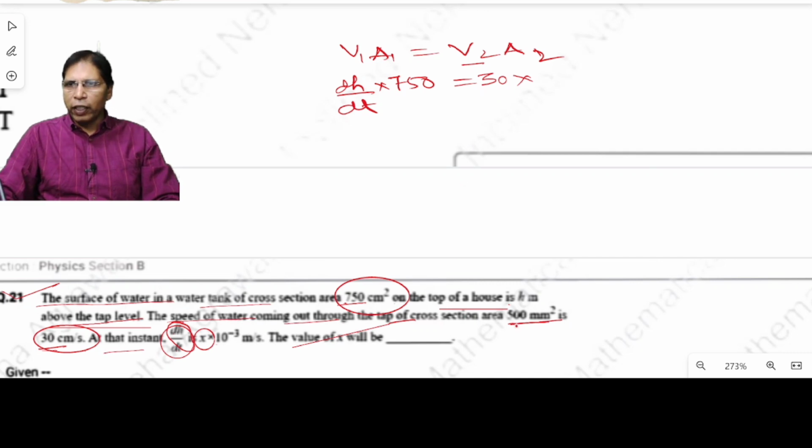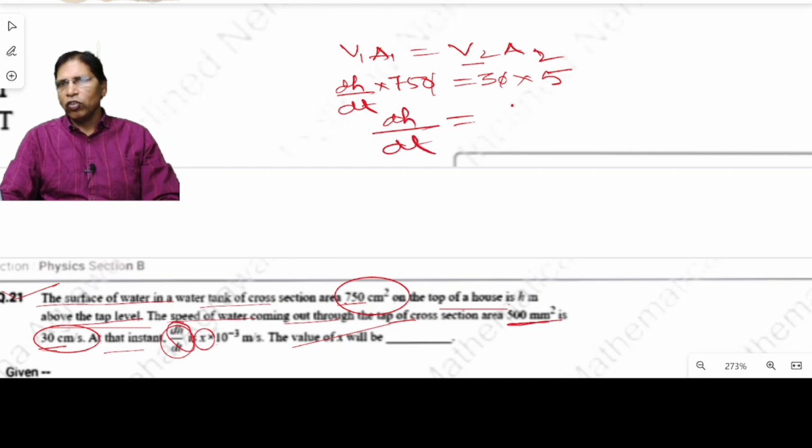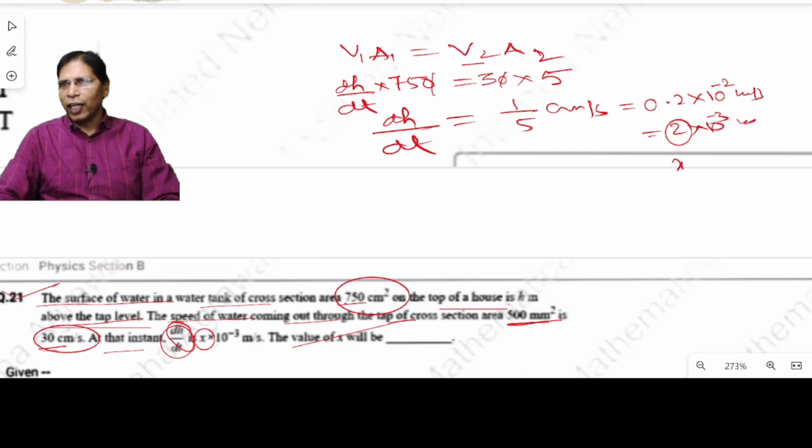Now what is A2? This is the 500 millimeter square, so this is the 5 centimeter square. Now this and this cancel out. So dH by dt equals 1/5 centimeter per second. So this is the 0.2 into 10 to the power minus 2 meter per second. So this is the 2 into 10 to the power minus 3 meter per second. So x is equal to 2.